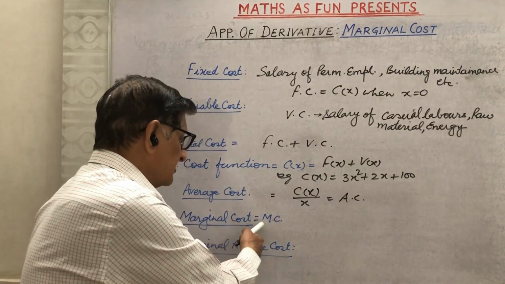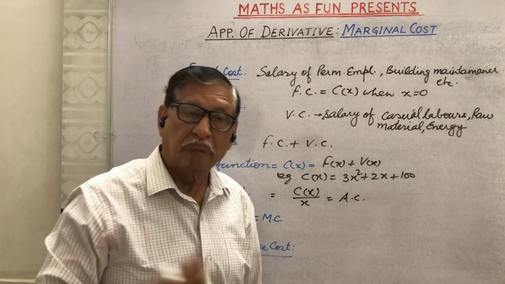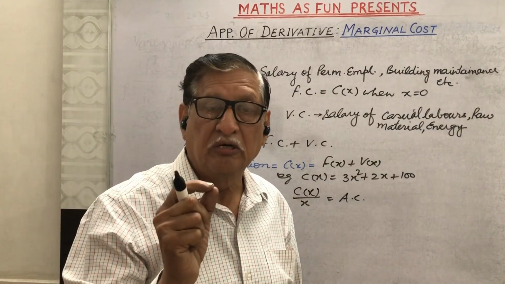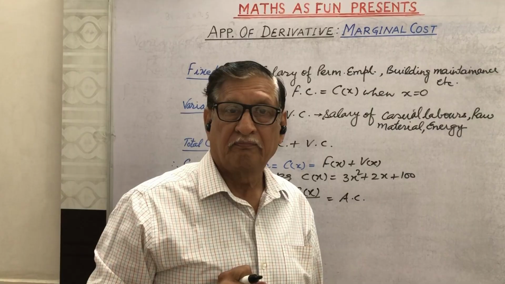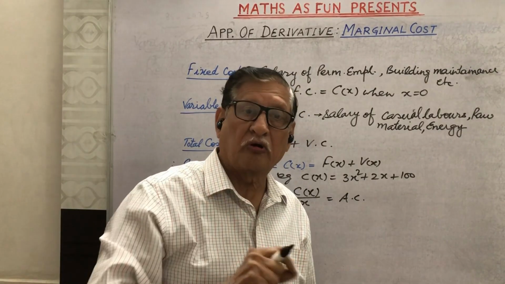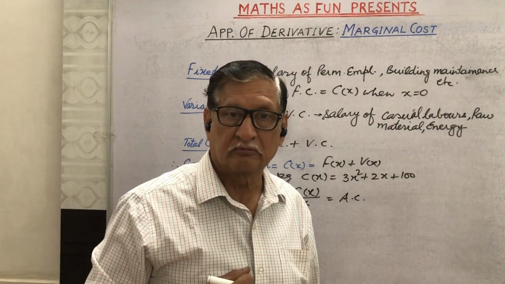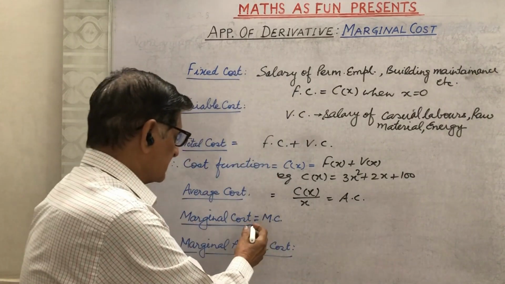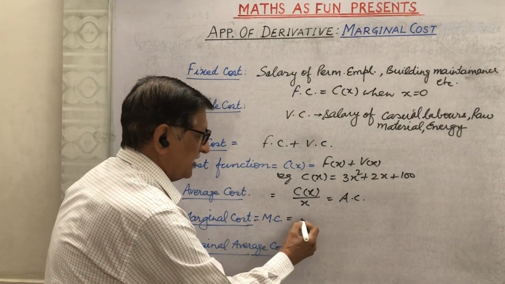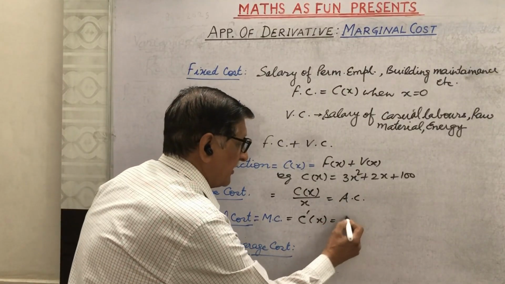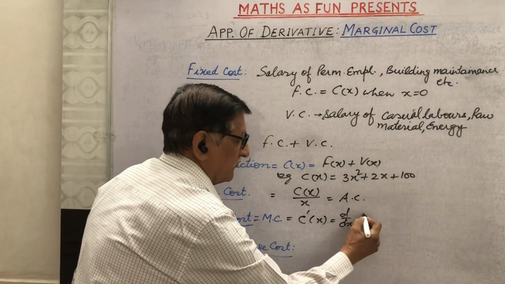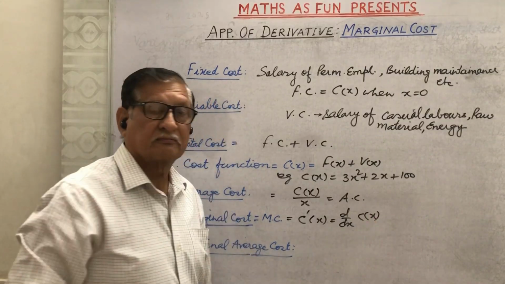Then what is the marginal cost? Marginal cost is the rate of change of the cost with respect to the number of commodities produced or supplied. It means the marginal cost is C'(x), or d/dx of C(x).